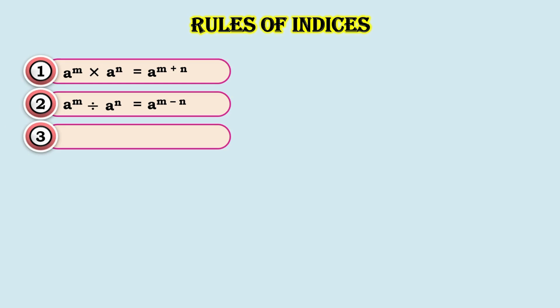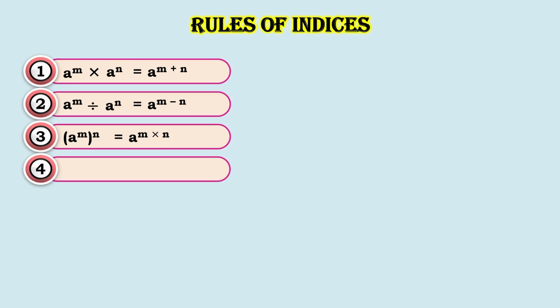Rule number 3. A to the power m to the power n is equal to a to the power m into n. Rule number 4. A into b to the power m equals a to the power m into b to the power m.